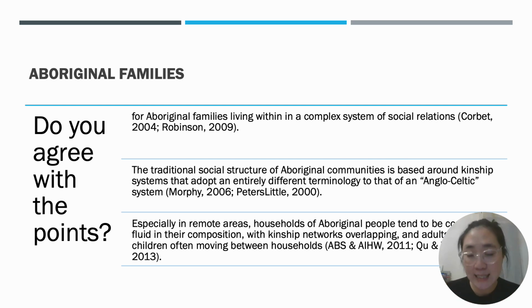Kinship systems have been adopted in Aboriginal culture, especially in remote areas. Households of Aboriginal people tend to share their life through the kinship systems, and they have a really close, complex, and working-together family structure.